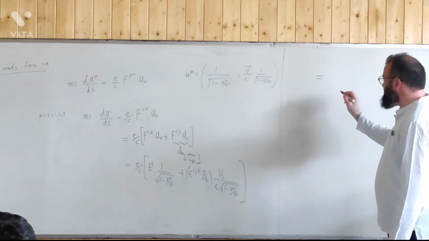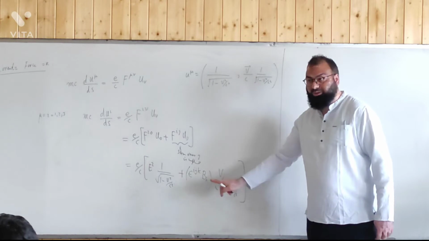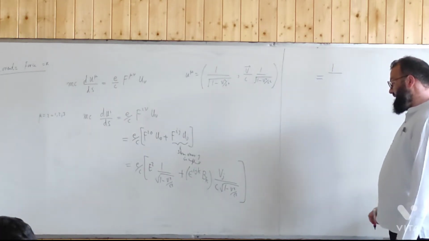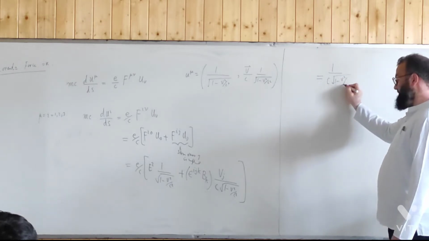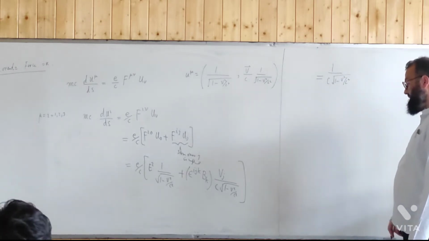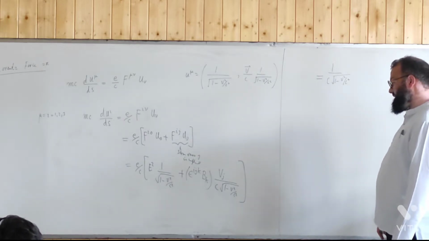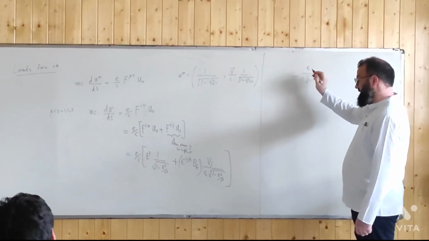Let's take the root of 1 minus v square by c square common, so it is 1 divided by root of 1 minus v square by c square, and there is e by c.